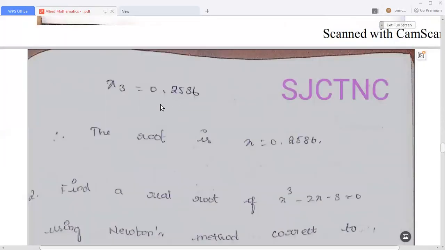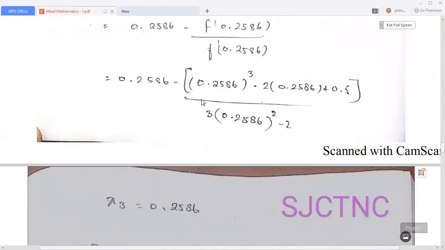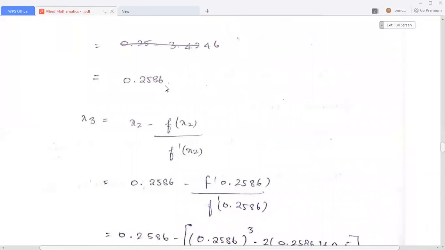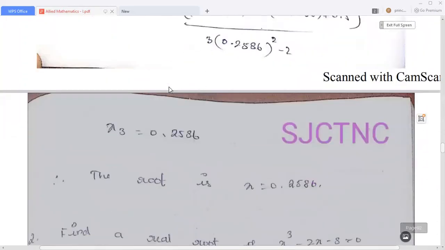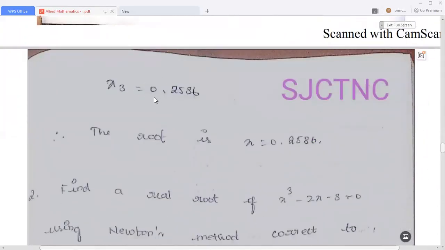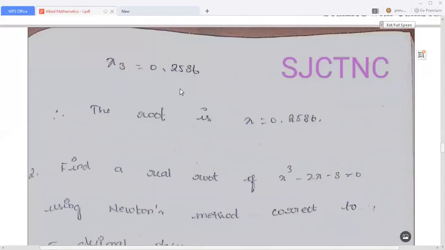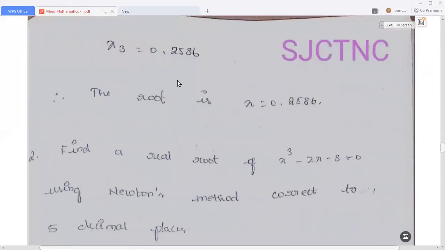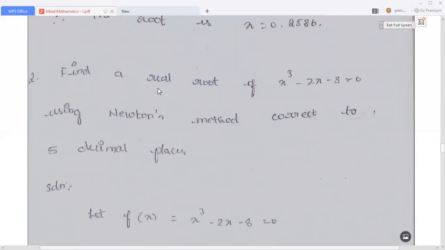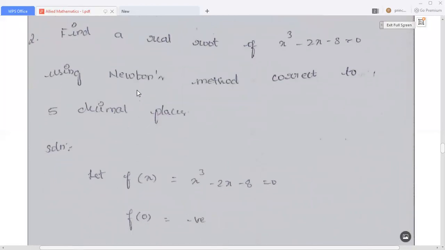So x3 is 0.2586. Here we see that the successive approximations are the same at the second and third iterations, x2 and x3. Therefore, the root converges. Therefore, the root is x equal to 0.2586.